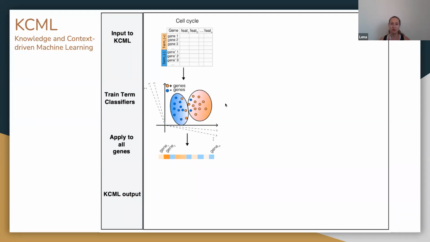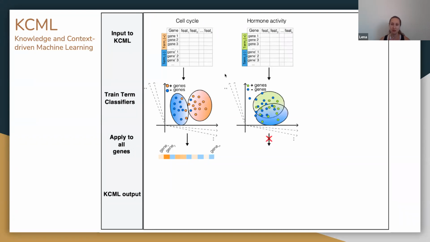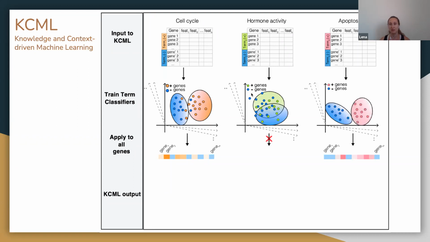So we do it for different terms, different biological functions, like hormone activity and apoptosis. Some phenotypes are hard or impossible to capture, so some classifiers will not find a signature phenotype, and they will not be counted in the final prediction.